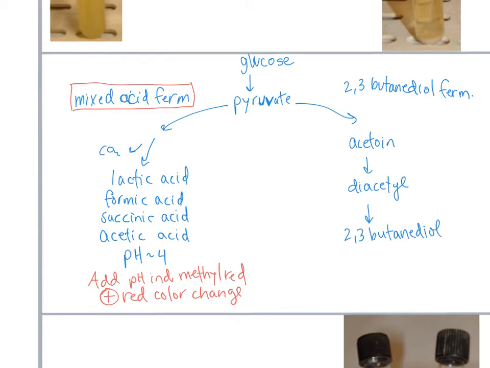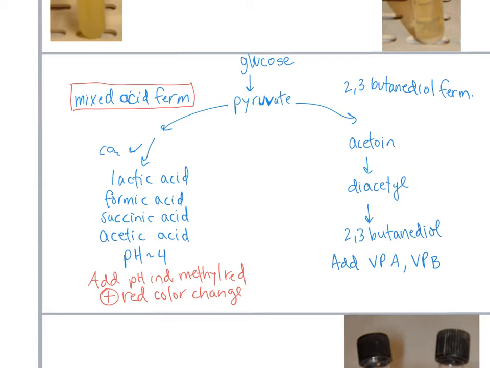Okay, to read whether the organism uses a 2,3 butane diol pathway, you're going to add a couple of reagents that we will call VPA and VPB. Okay, so VPA is actually alpha naphthol, and VPB is potassium hydroxide. But A and B are good enough for me.